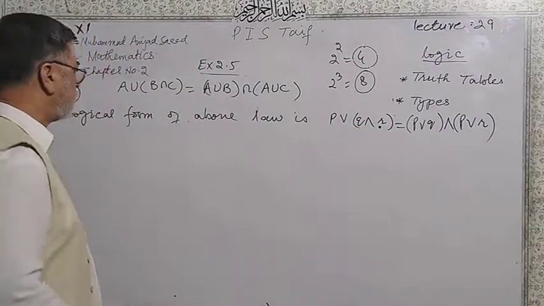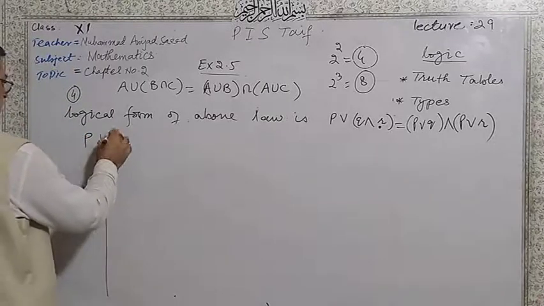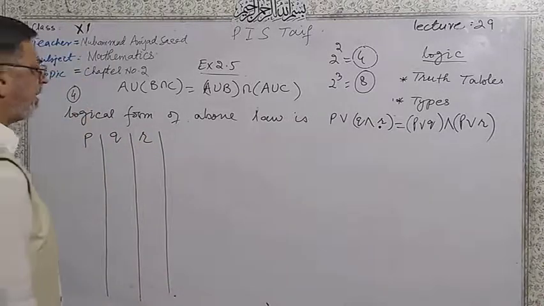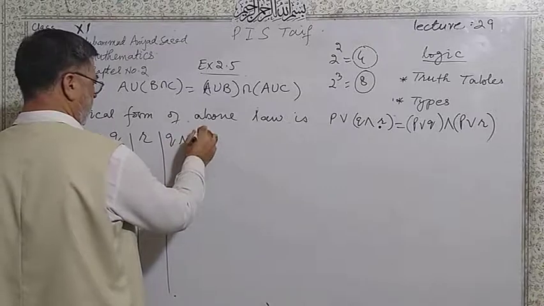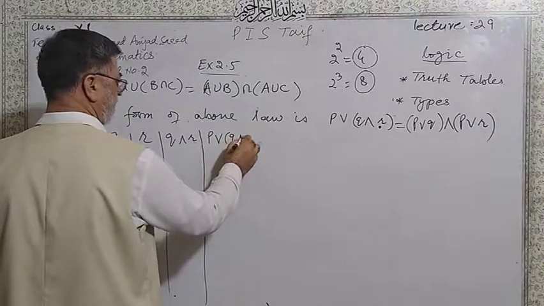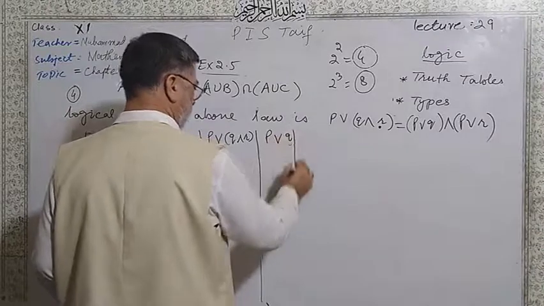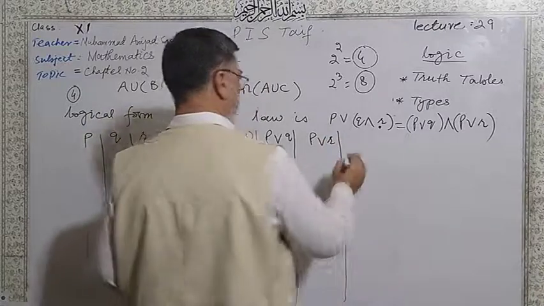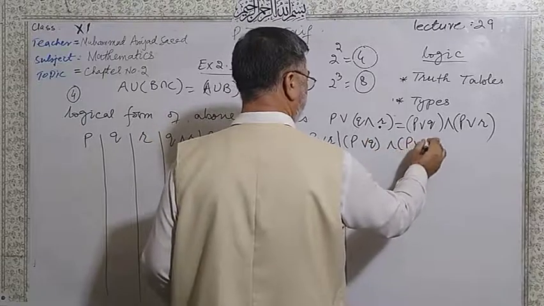I told you P, Q, R. So we have P, Q and R. After that, Q ∩ R, P ∪ (Q ∩ R), then P ∪ Q, P ∪ R, then (P ∪ Q) ∩ (P ∪ R).